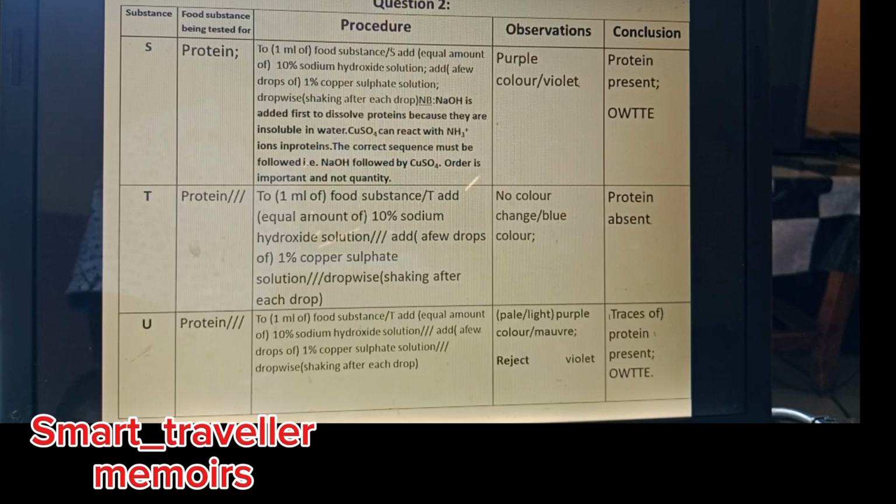Drop wise, shaking after each drop. Shaking after each drop, you can omit it. It can be there or not be there.